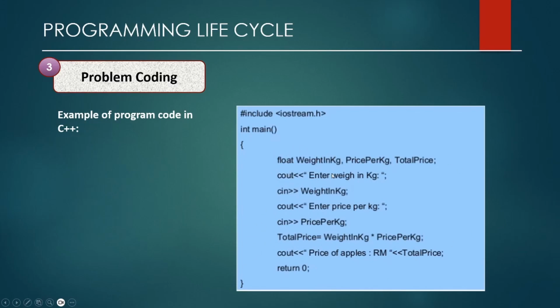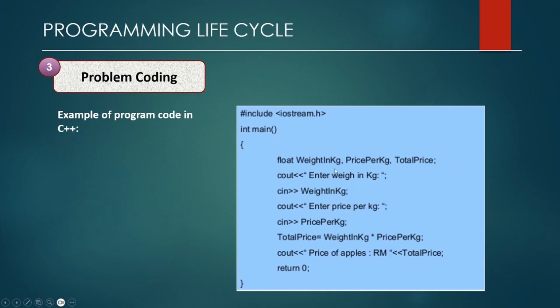So what you see here is an actual code that you can use to solve the problem with our problem statement just now. Here in this line, float weight in kg, price per kg, and total price. Here we are declaring the type of value that you want to use and search for.